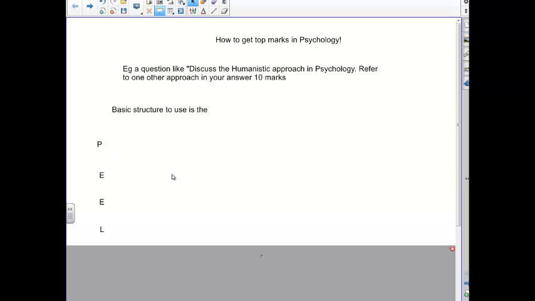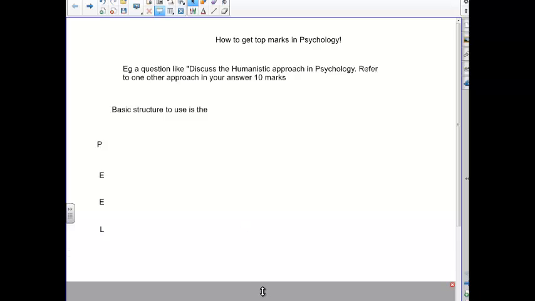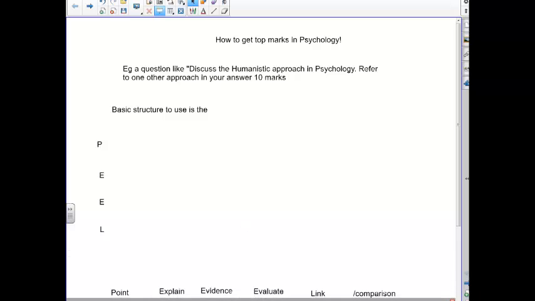So, as you probably realised here, let's just move this down a little bit. And hopefully down here are my words that I want. So P stands for point. Okay, you definitely got to explain that point. Now, occasionally we'll use evidence. We haven't got quite the same way, but we could put evidence in there.